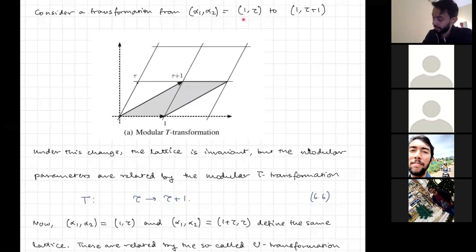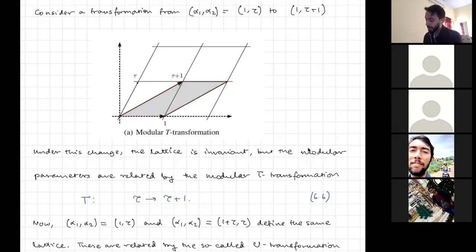Now let's look at some particular transformations where we transform alpha 1, alpha 2, which is 1 and tau, to 1 and tau plus 1. So if this is tau and this is 1, this is going to be your tau plus 1. As you can see, this also generates the same lattice.